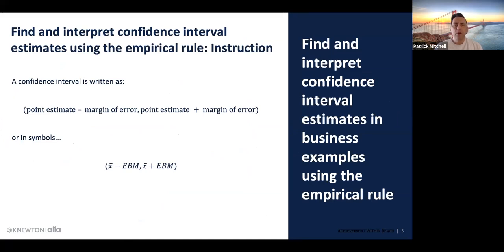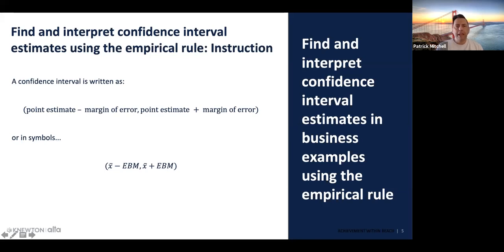Now, because you're only working with a sample and not the whole population, there's going to be some error in your estimate. So what we're looking at here is what a confidence interval looks like. You have a point estimate, and in this case, the point estimate is your sample mean.